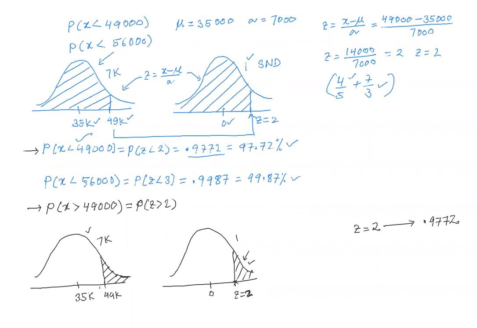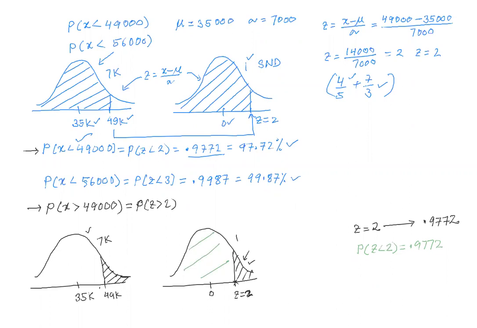That, by the way, is the area to the left, not the area to the right. I don't want the area to the left. I want the area to the right. So when you're looking at z is equal to 2, you're in essence looking at probability of z less than 2, which is 0.9772. You're looking at the area to the left, okay?